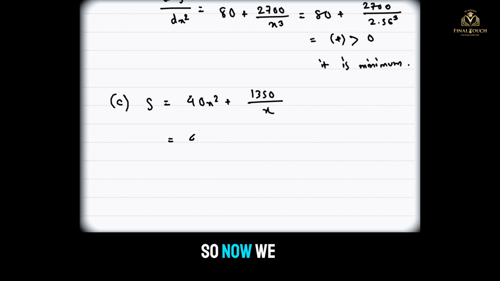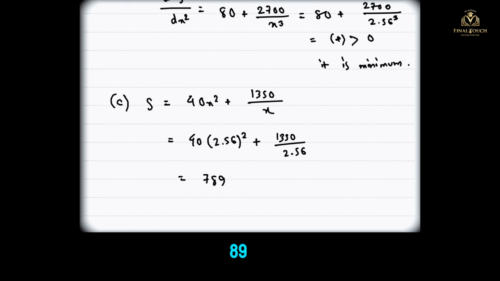So now we will simply input the value of x we found, 2.56 squared, plus 1350 divided by 2.56. So the answer comes as 789. So that's it. We are done with question number 8 from this paper. Thank you.